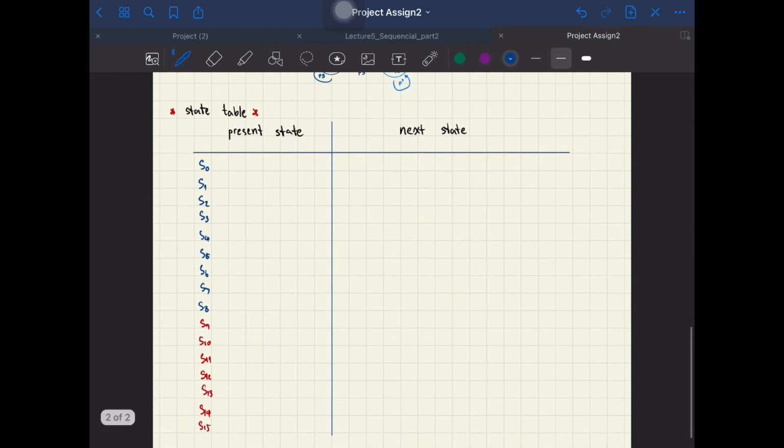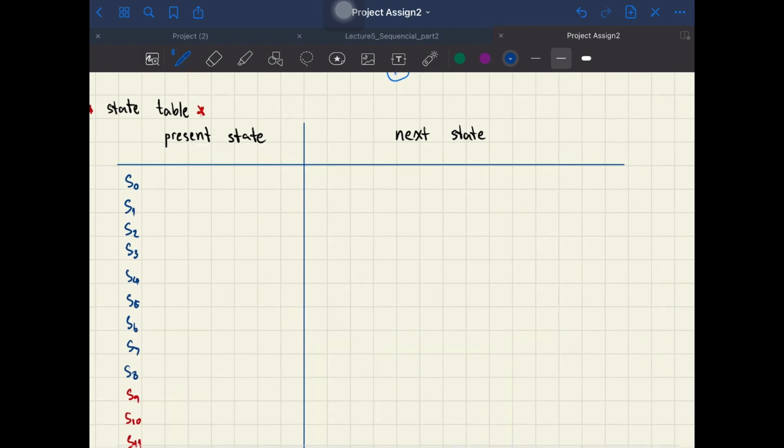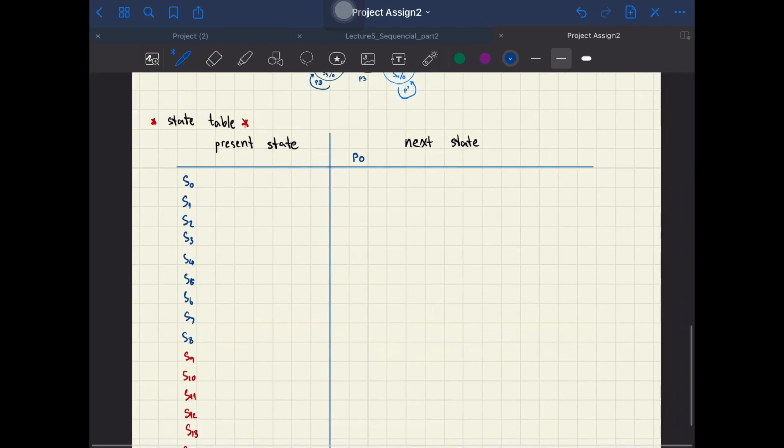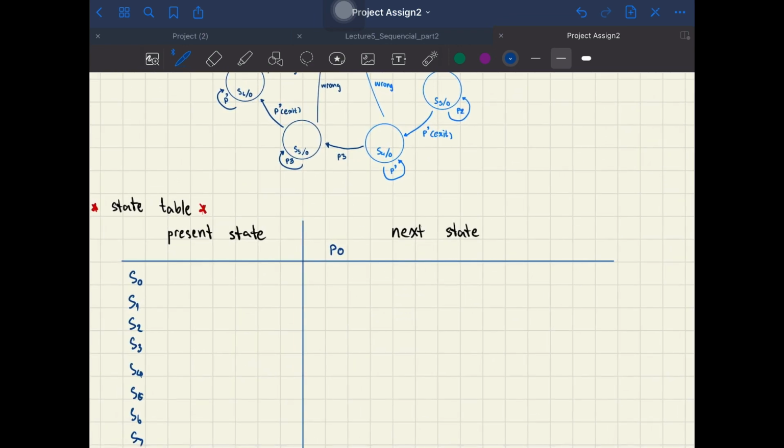And in the next state we have about 6 things. First one is P0. P0 means that you press the 0 button, and P2 means you press 2, P3 press 3, P5 press 5, and the wrong case, right?